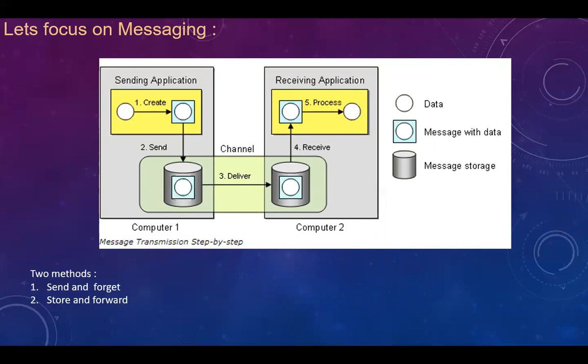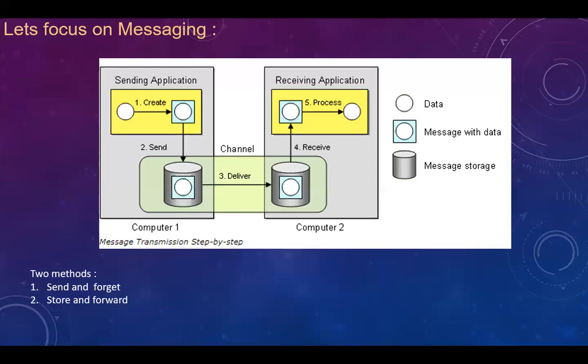Whereas in the second, there is one more thing called store and forward. It is the duty of the messaging platform to store that message, forward it to the target computer, and ensure that the message is available for the receiving application. That is what we call store and forward. So send and forget is nothing but asynchronous communication.